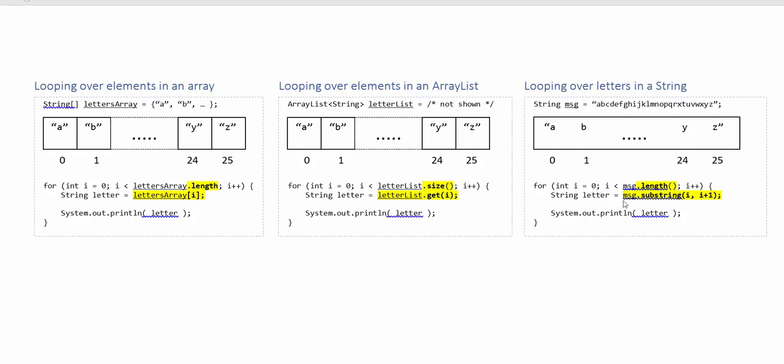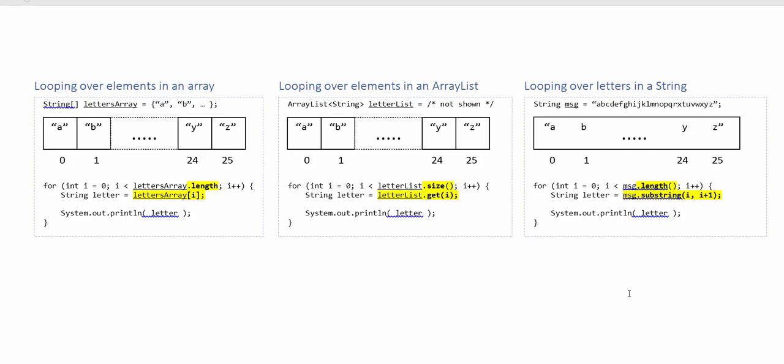Then to get the value out, for an array, you use the square bracket notation to get the value at location i. For an array list, you use the get method, and you say location i. And for a string, I'm telling you to use substring, starting at location i, ending at location i plus 1. So you just get one character at a time.